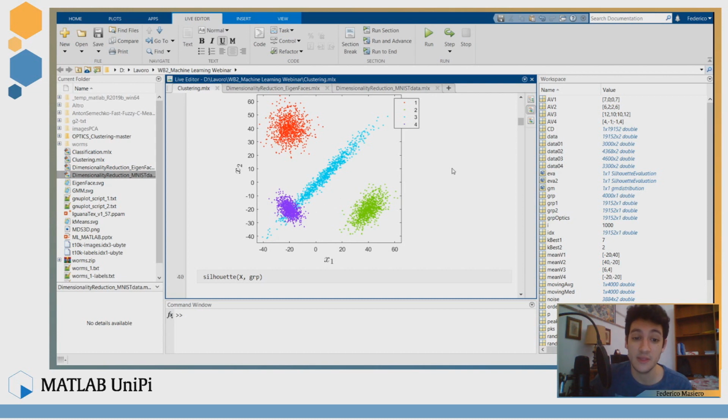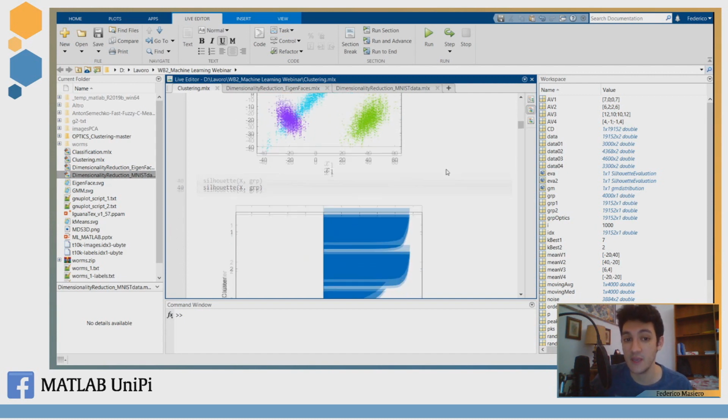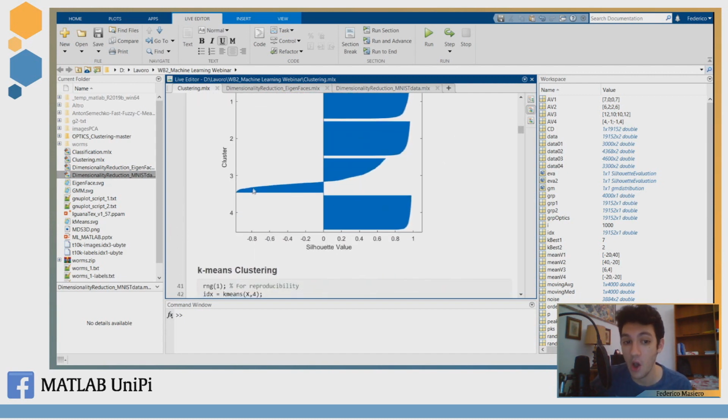This means that there are some points belonging to this cluster which are very close to the points of the purple cluster, and this gives the inversion of sign of the silhouette coefficient, meaning that there are some points in cluster 3 which may be compact in the representation of the third cluster, but they are not separate from cluster 4.